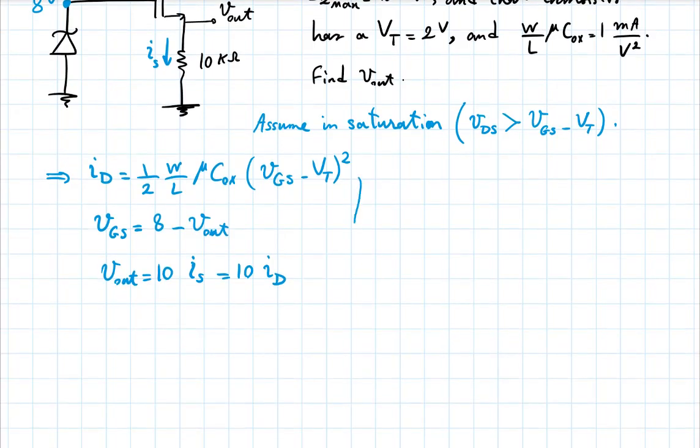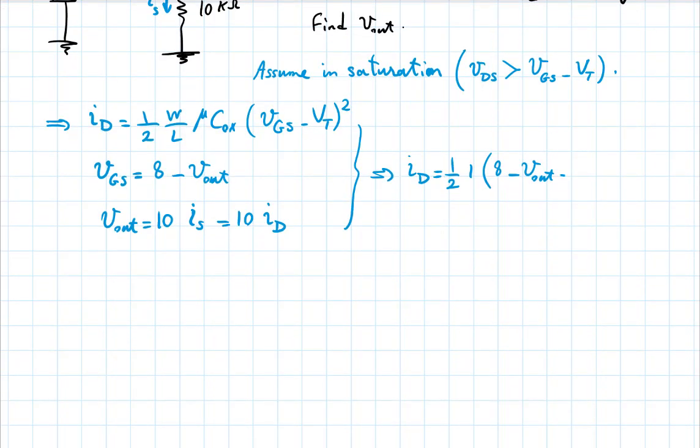So it became pretty simple, right? If we replace things, ID equals half of 1 milliamp per volt squared times 8 minus V out, which is my VGS, minus VT, which we said is 2.